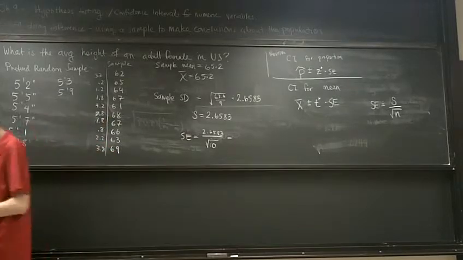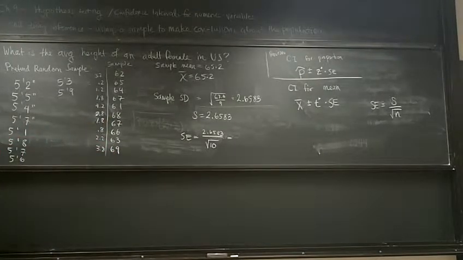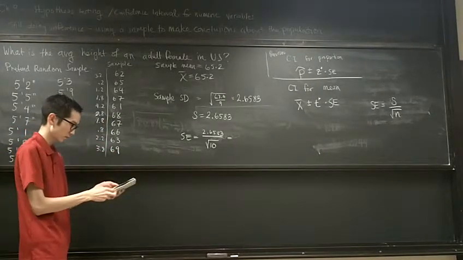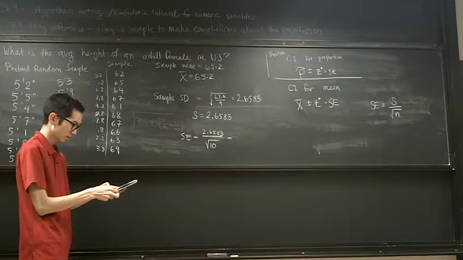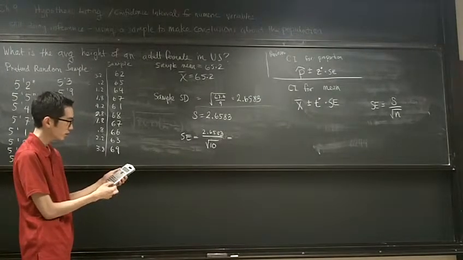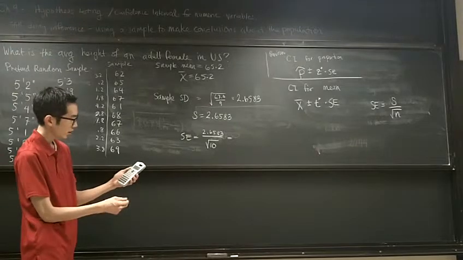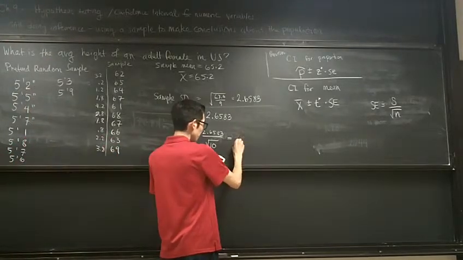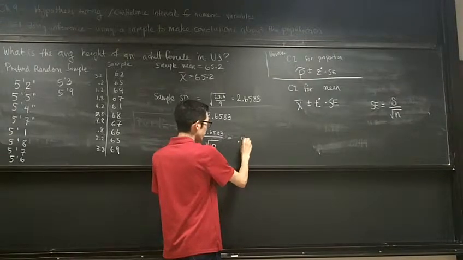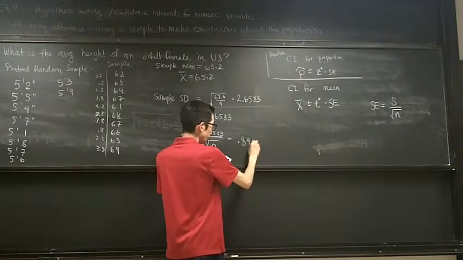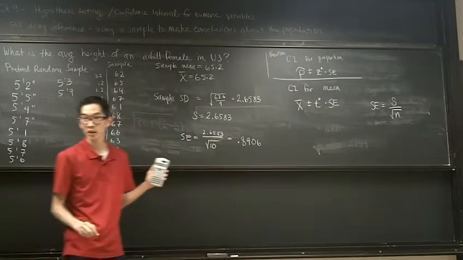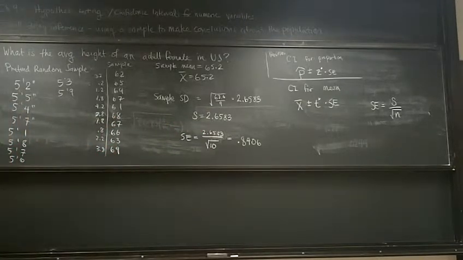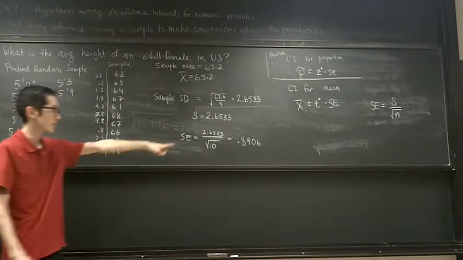Is that okay? Yes. How did I do that in my calculator? 2.6583 divided by the square root of 10. I think you can just punch that in. And here's a good check for your calculator: I'm getting 0.8406.